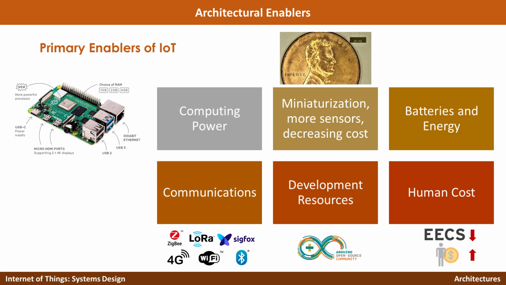And also the production cost of these sensors is going down dramatically, especially when the demand goes up and when these sensors are produced in large numbers, the unit cost goes down. This is the second enabler why IoT becomes quite popular.